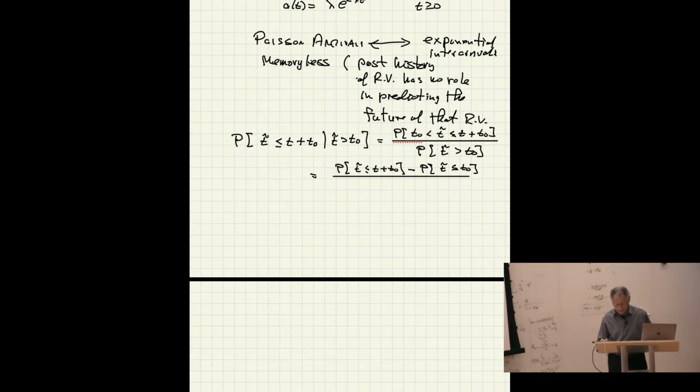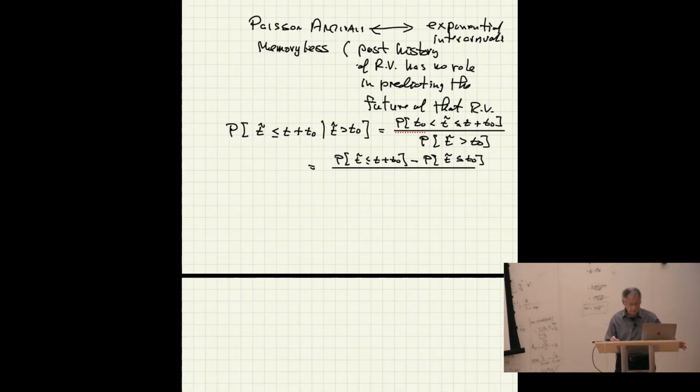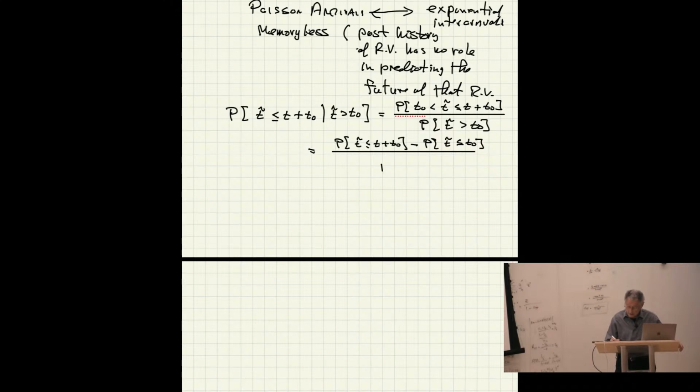Let's look at that. What's the probability it is less than or equal to t plus t0? Something. Take away the probability it occurred by t0. The difference is the probability it occurred between t0 and t plus t0. And downstairs I have my good friend, the probability that t tilde is greater than t0.